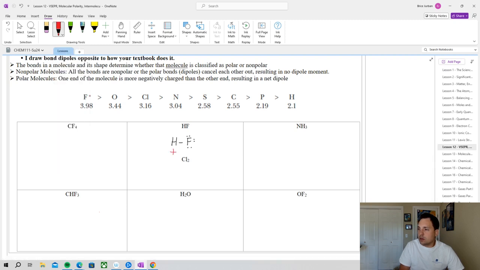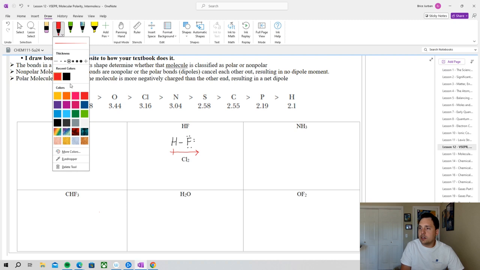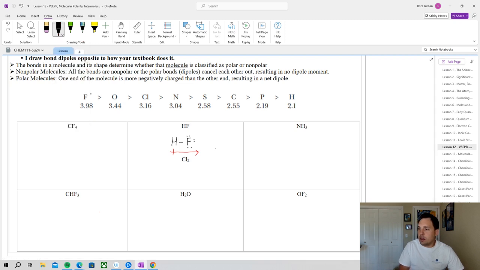So our bond dipole and molecular dipole go in the same direction here. They go towards the fluorine.